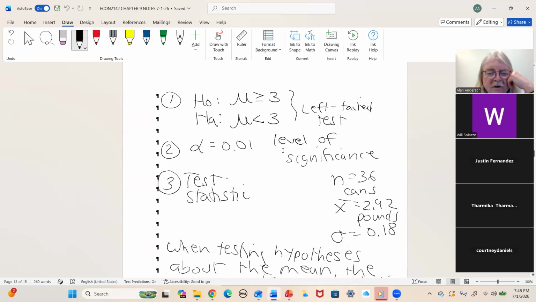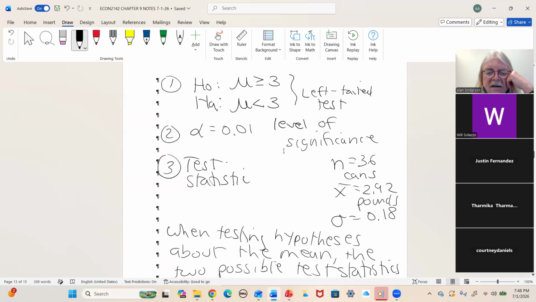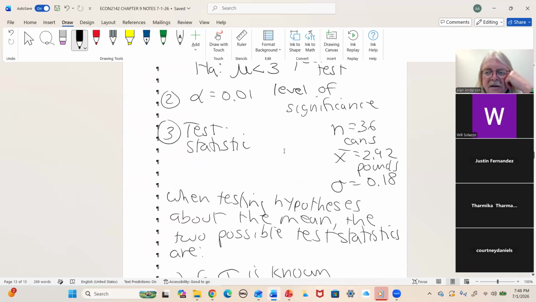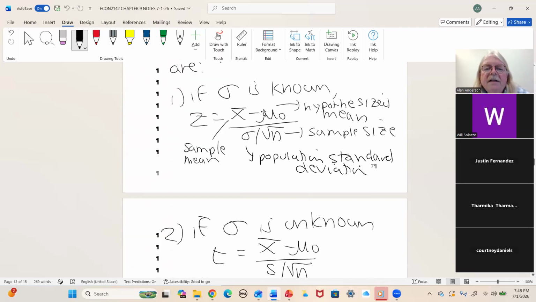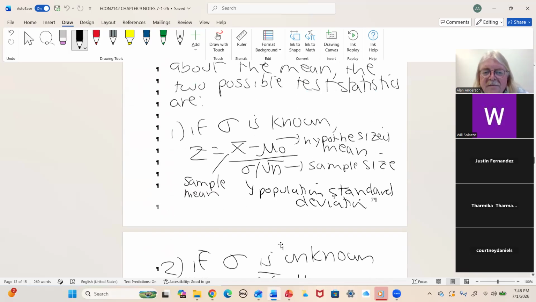We have to have the null and the alternative. We have the level of significance. The test statistic depends on the problem. But I mentioned down here somewhere, yeah, the test statistic if sigma is known is based on the standard normal. If not, it's based on the t distribution.